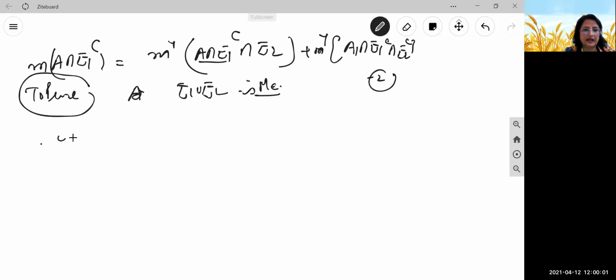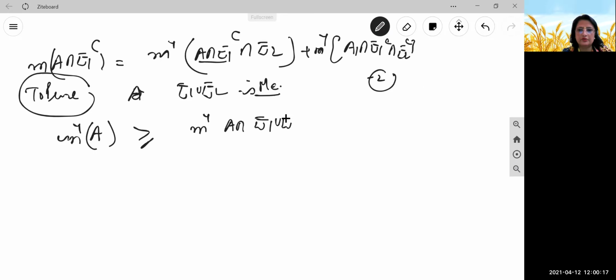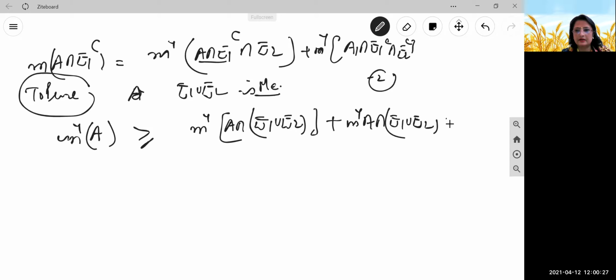It implies for any set A, this must be either equal to, or there is only sufficient condition that we can prove that this is greater than or equal to M star A intersection E1 union E2 plus M star A intersection E1 union E2 its complement. This we want to prove, right? तो इसको सामने रखते हुए अब हम आगे बढ़ेंगे.